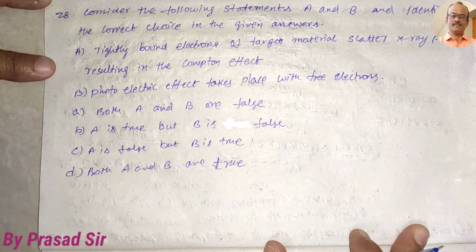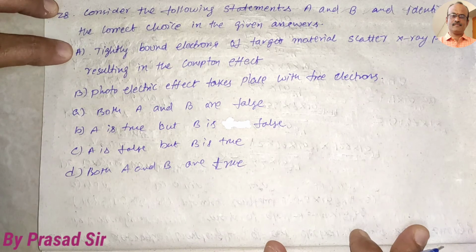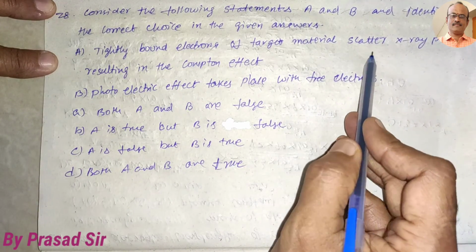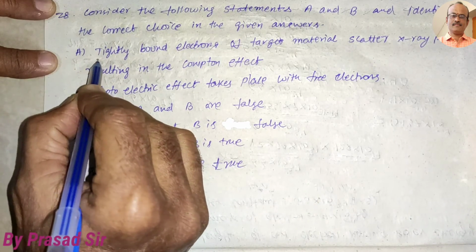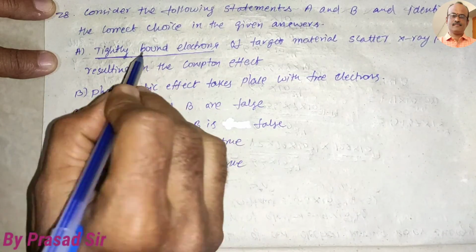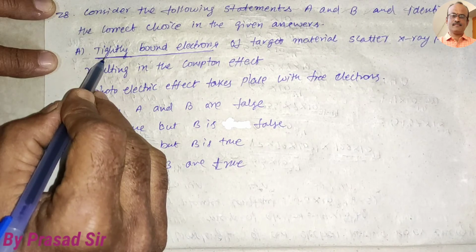But one thing remember here, out of this one, which one is correct option? So first we will take A. Tightly bound electrons of target material scatter X-ray photon resulting in the Compton effect. But here tightly bound electrons is wrong. That means free electrons of target material scatter. So that's why this is wrong.